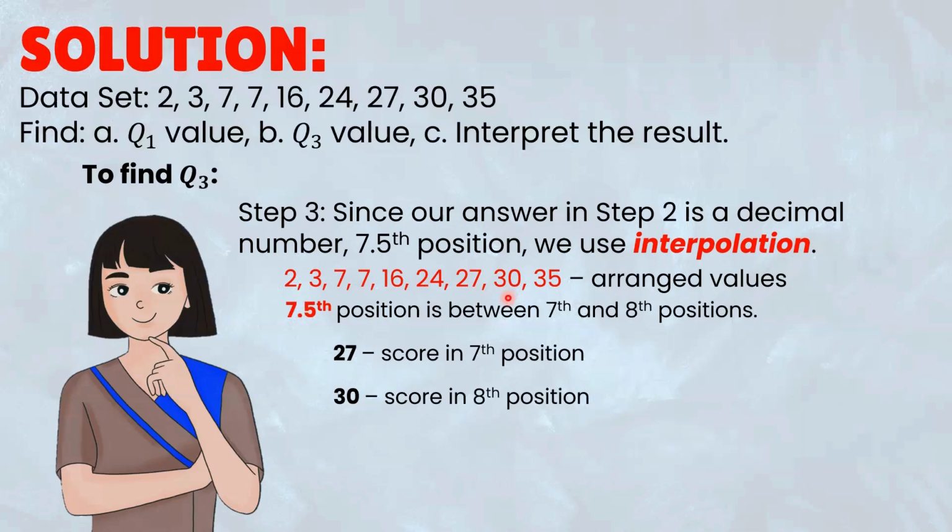Okay, so we have to get the 7.5th score, which corresponds to the 7.5th position, to find the value of Q3.